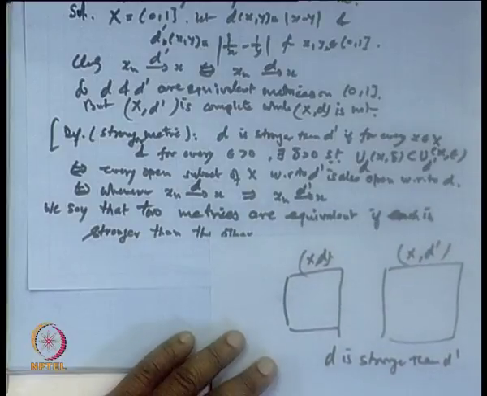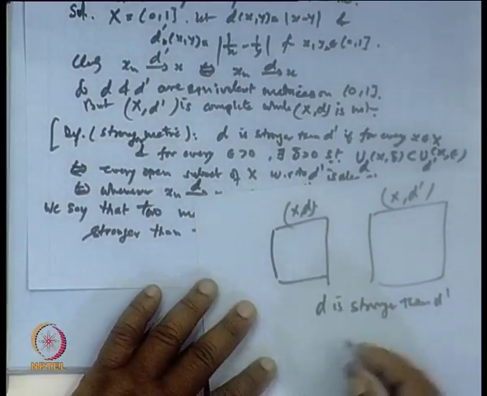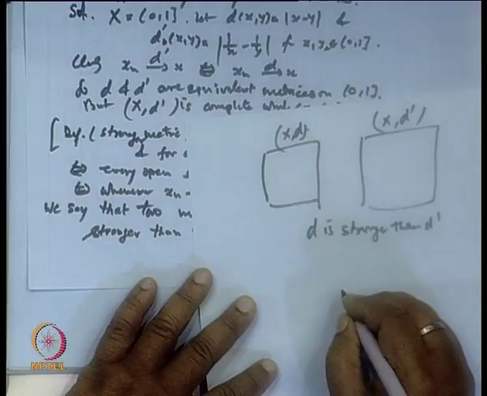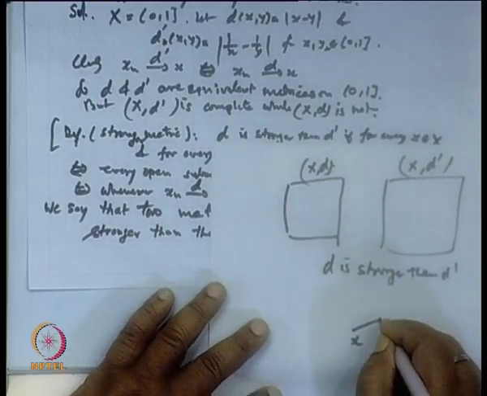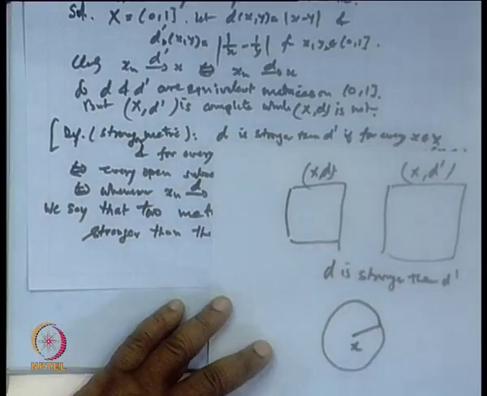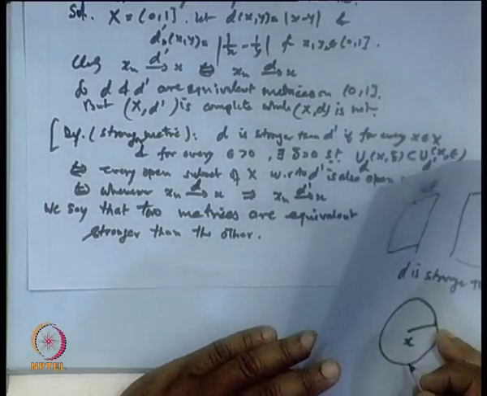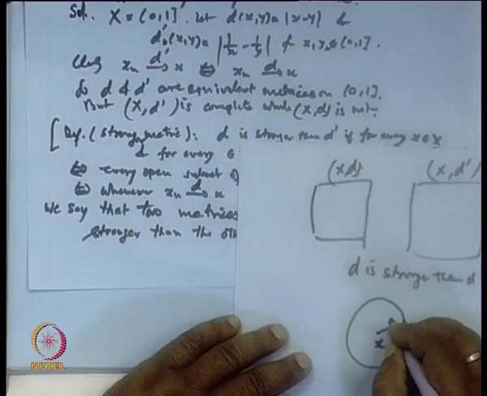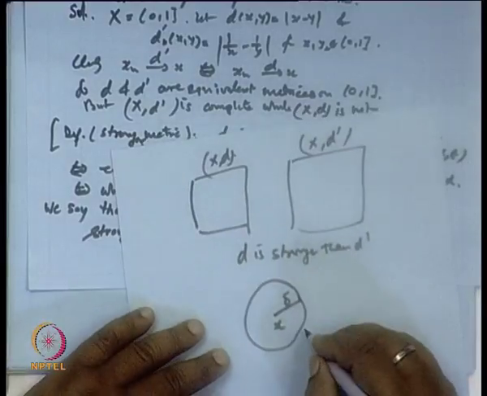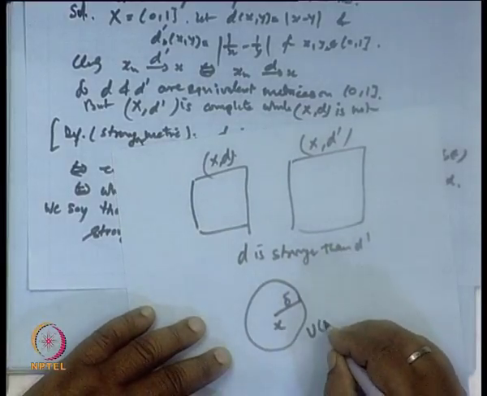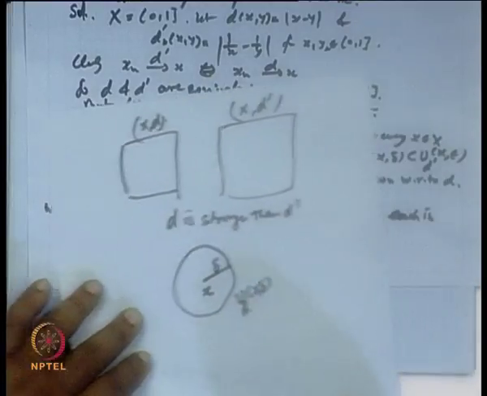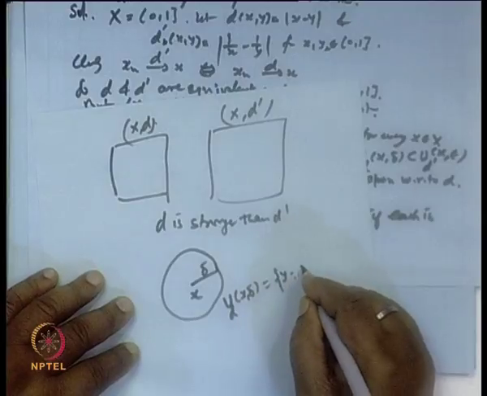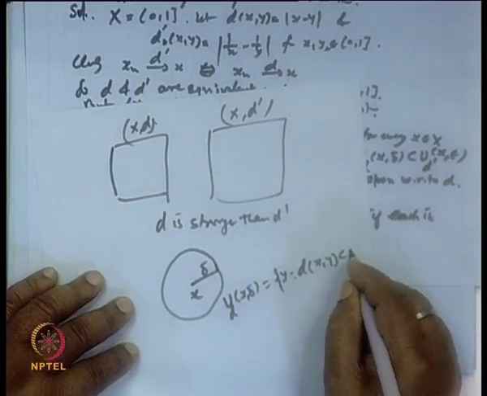It means, if I take a point x belonging to X and draw the open ball centered at x with radius delta under the metric D, basically these are the elements y whose distance from x is less than delta.